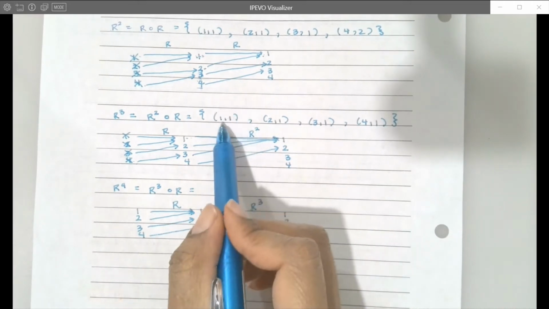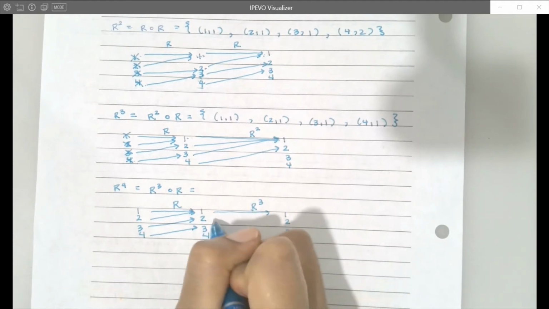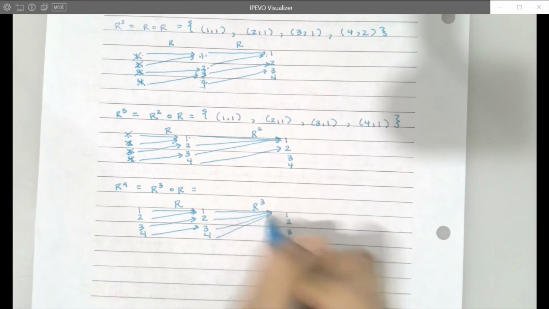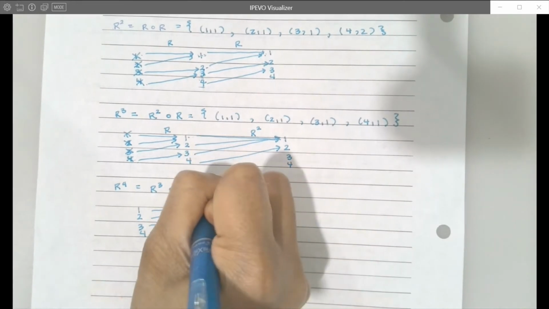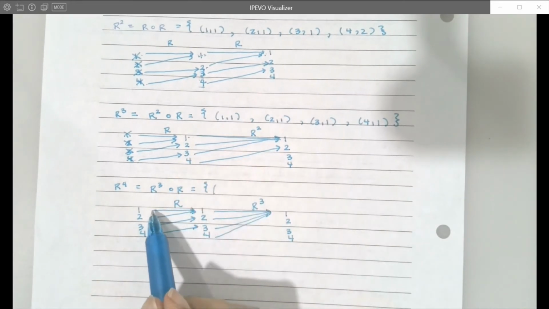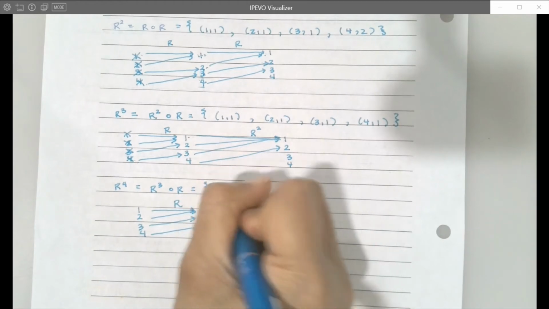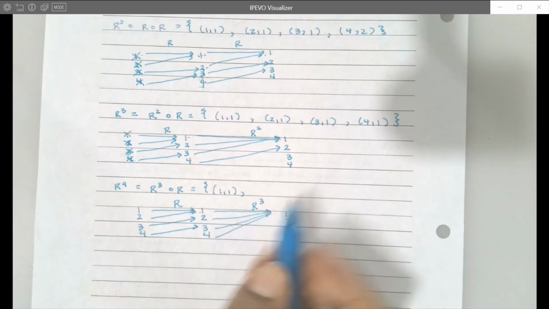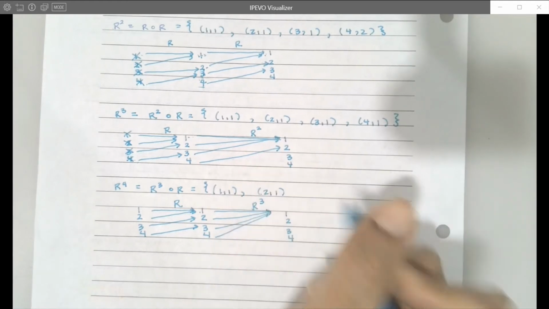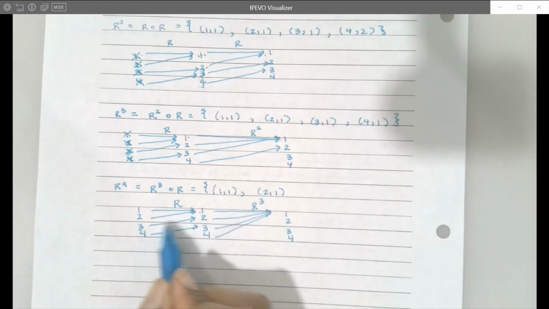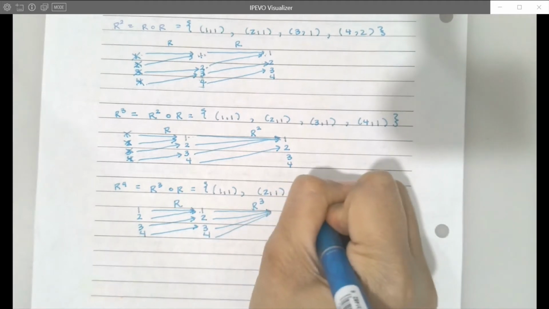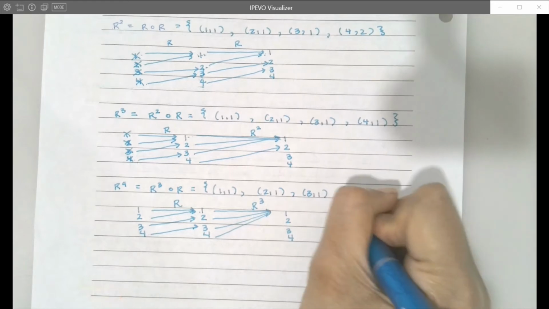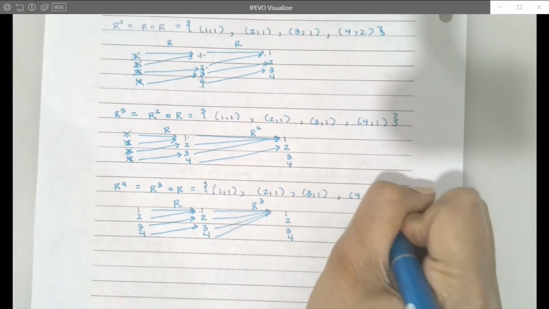Then R cubed is 1 to 1, 2 to 1, 3 to 1, 4 to 1. Okay, we'll have an element 1 to 1 to 1, so that's 1 comma 1. Then 2 to 1 to 1, so that's 2 comma 1. Then 3 to 2 to 1, so that's 3 comma 1. And 4 to 3 to 1, so that's again 4 comma 1.